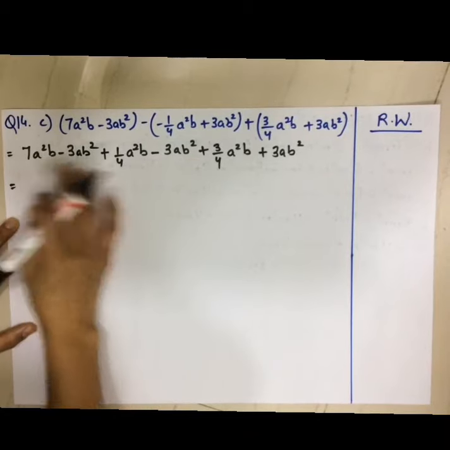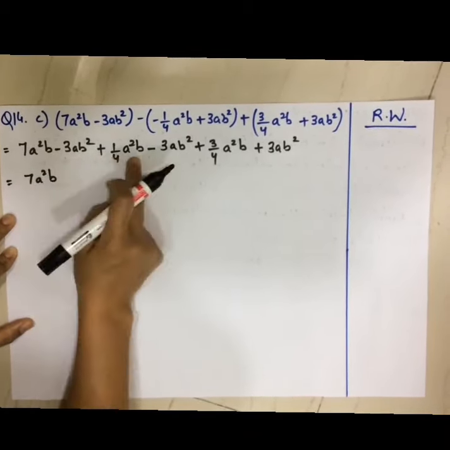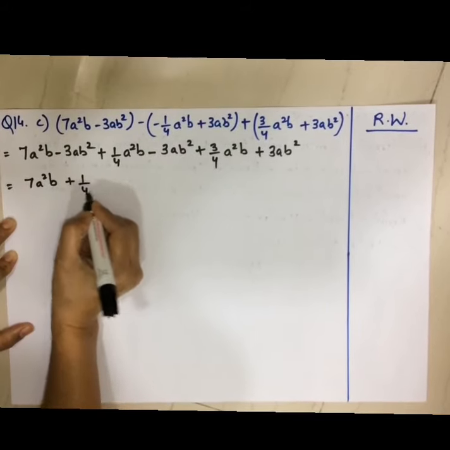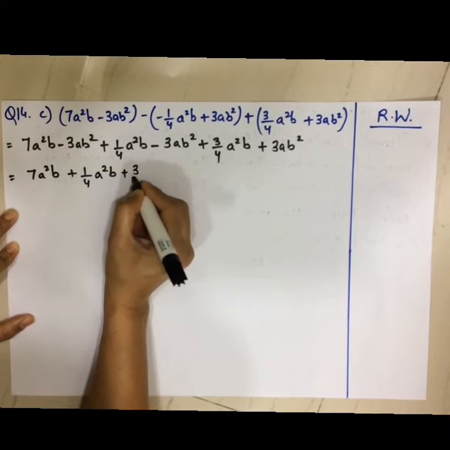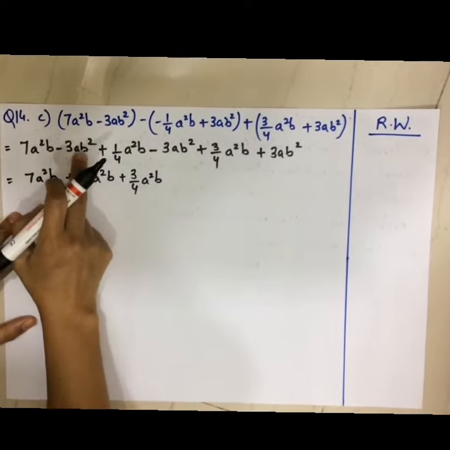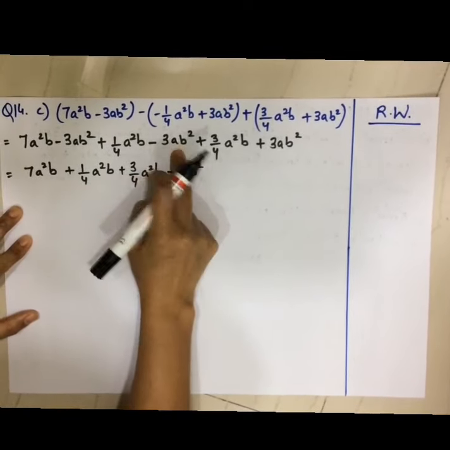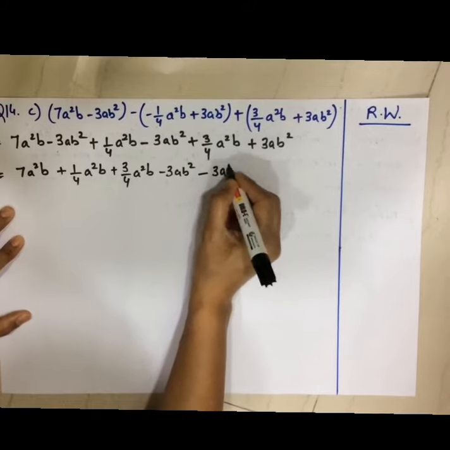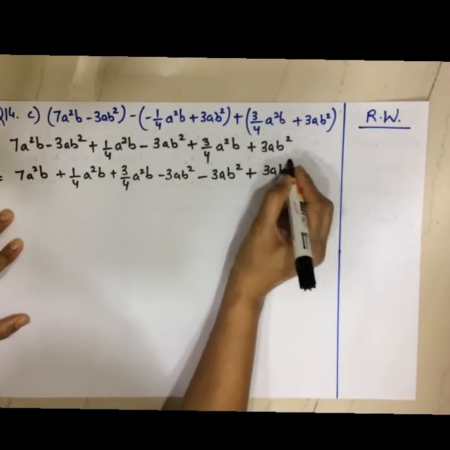Now we're going to do the similar variables at one side. 7a square b, then plus 1 by 4a square b, and then we have plus 3 by 4a square b. Now the next is minus 3ab square, then again here minus 3ab square, and then plus 3ab square.